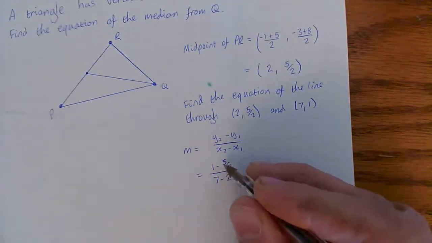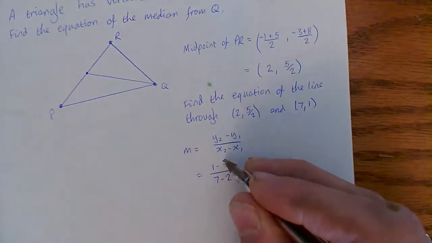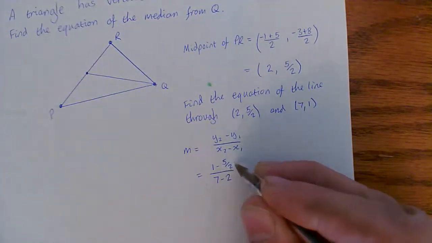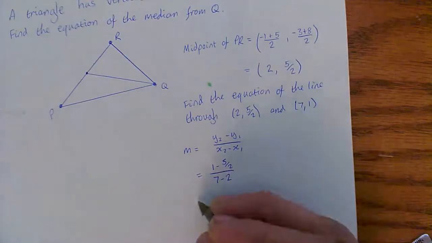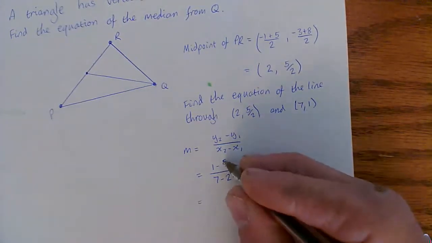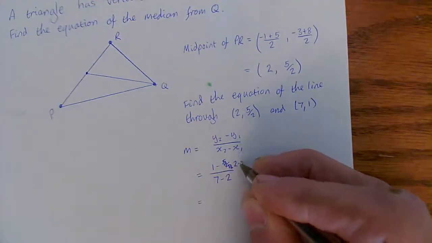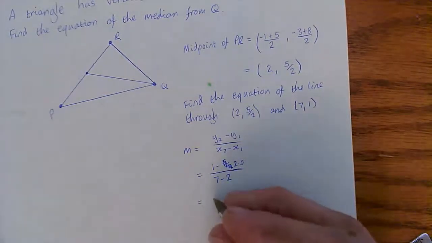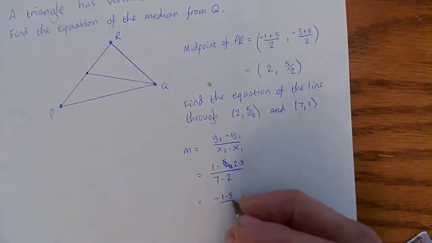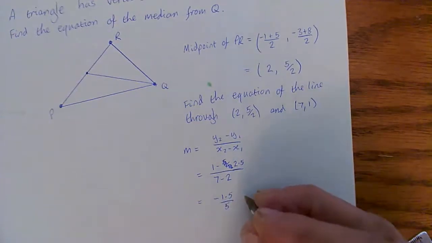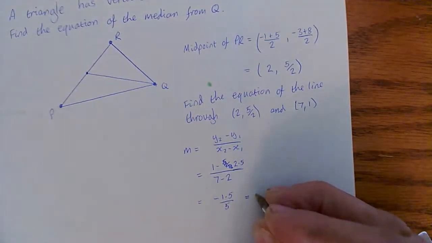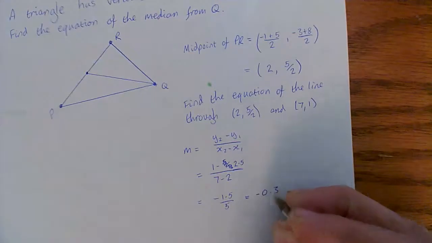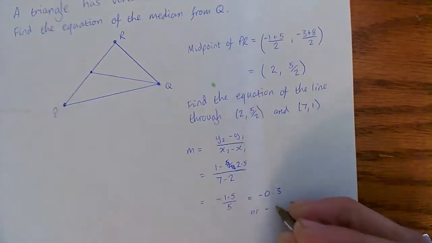Now at this point, it might be handier to think of this as 2.5. So I'm going to change that quickly to 2.5. It just makes my life a bit easier, less fractions to deal with. So that's -1.5 over 5, which is equal to -0.3, or if you kept everything as fractions, -3 over 10.